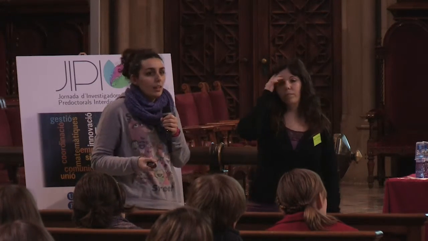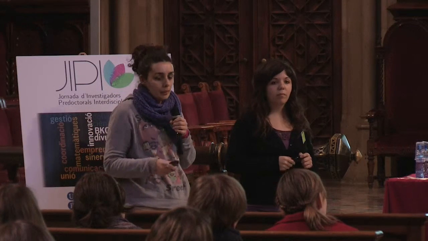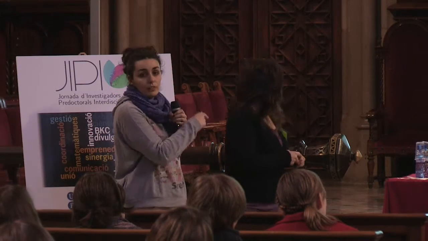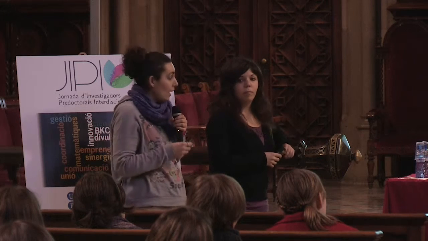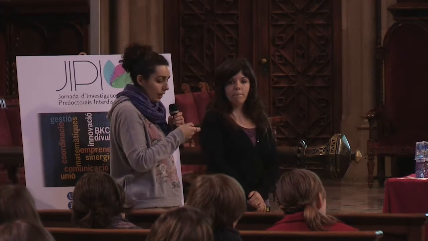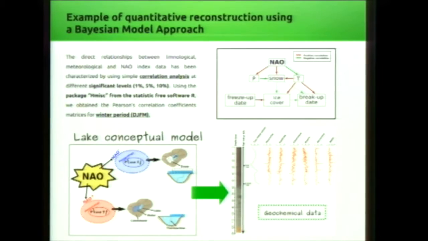Okay, the winter now will be reflected in lake parameters, in that case on ice phenology of Peñalara Lake. And hence, using a simple correlation analysis, we determine how it's transmitting the NAO signal to ice phenology. And this is explained in the diagram of the conceptual model. In our latitude, during the negative phase of NAO, precipitation and snowfall increase and temperature decreases.